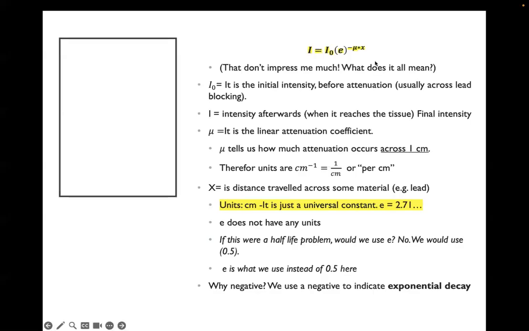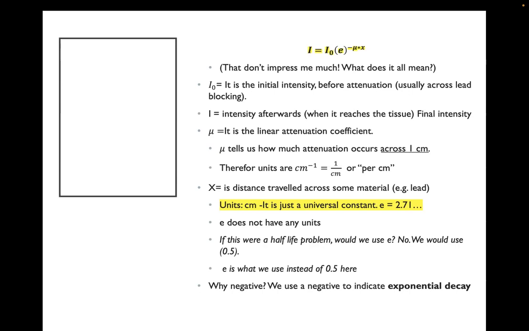Okay, so here's the same formula. It looks very similar to the activity formula, only instead of talking about the photons that have been transmitted, with this formula we're talking about the photons that have been attenuated. So I nod is the initial intensity before attenuation.